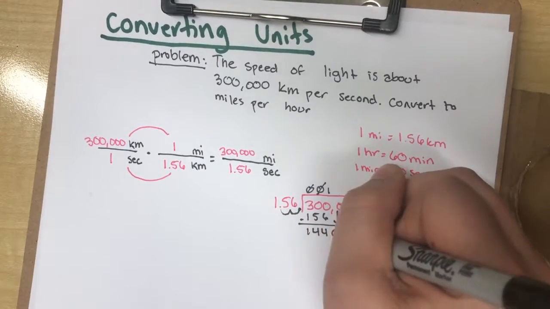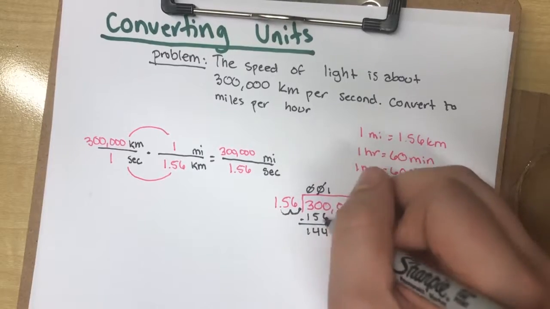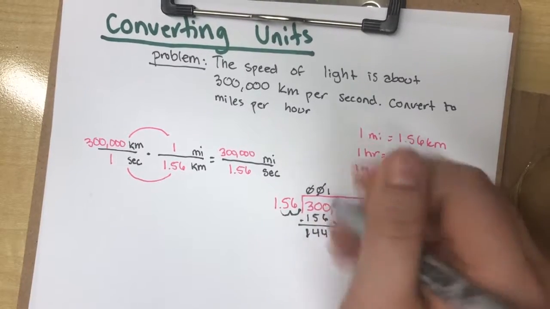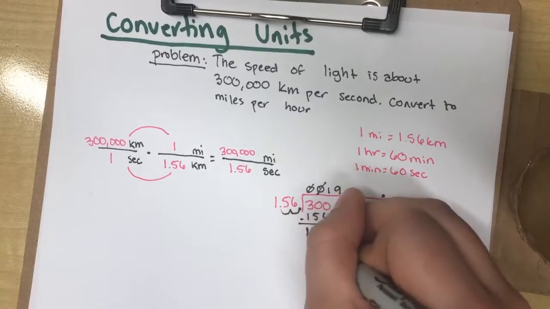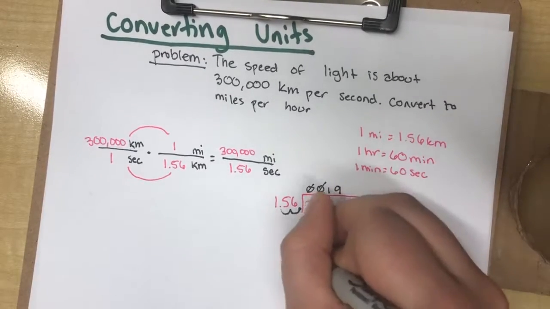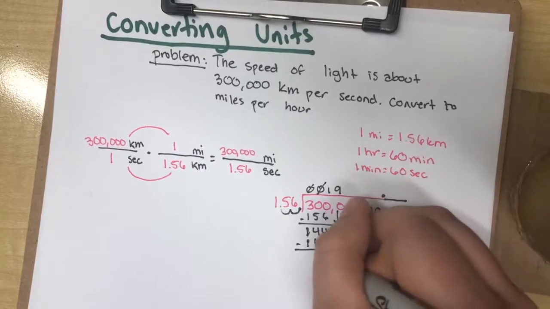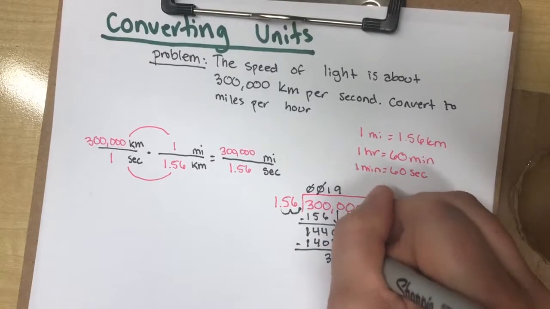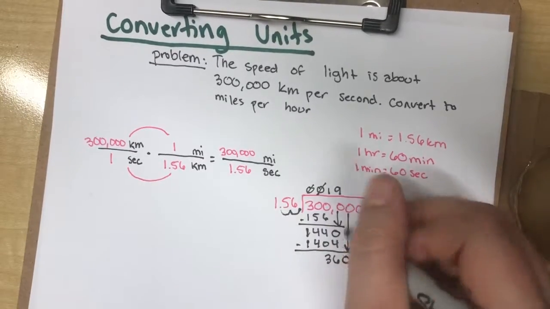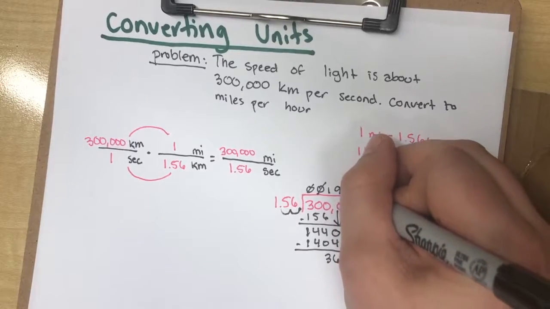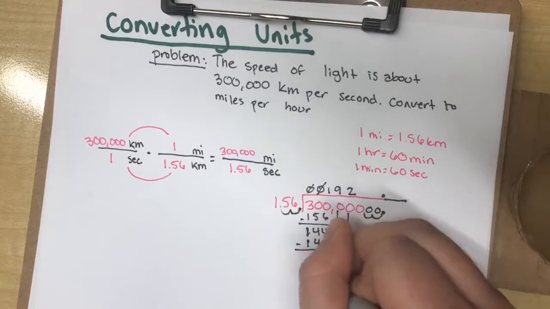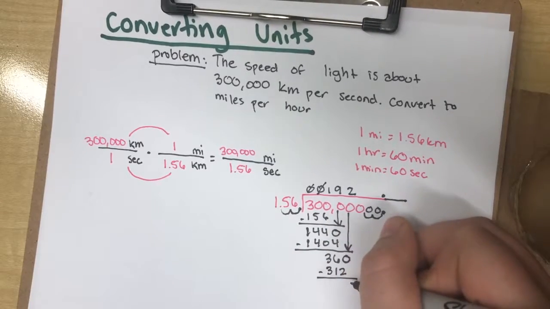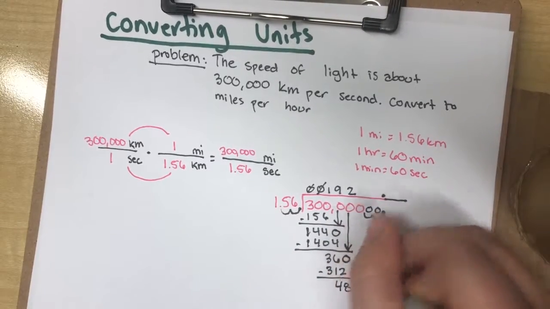Bring down that 0. 156 goes into 1440 about 9 times, because 9 times 156 is 1404. And that leaves me with a remainder of 36. Bring down this 0. 156 goes into 360 twice, and that's 312. That leaves me with a remainder of 48.